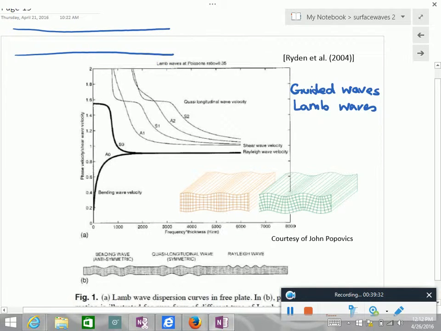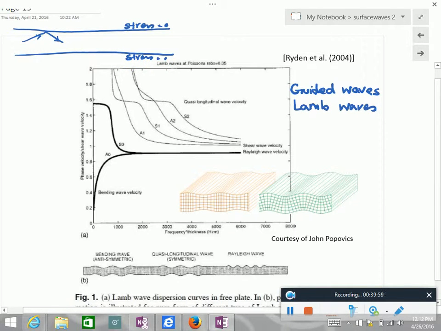So the concept is as follows. When we have waves propagating inside a plate where you have boundaries, the P and S waves get reflected from both boundaries, right? And you have to maintain that here you don't have any stress, and here also you don't have any stress.